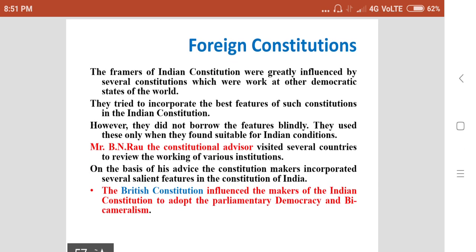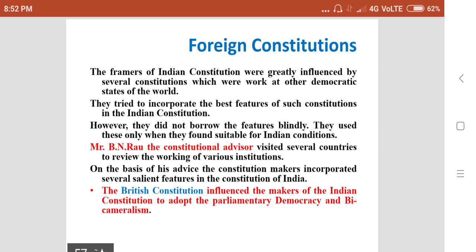Then third is foreign constitutions. So many foreign constitutions also helped the makers of the constitution to collect some important aspects, and they also borrowed many things from such foreign constitutions in the preparation of the Indian Constitution.